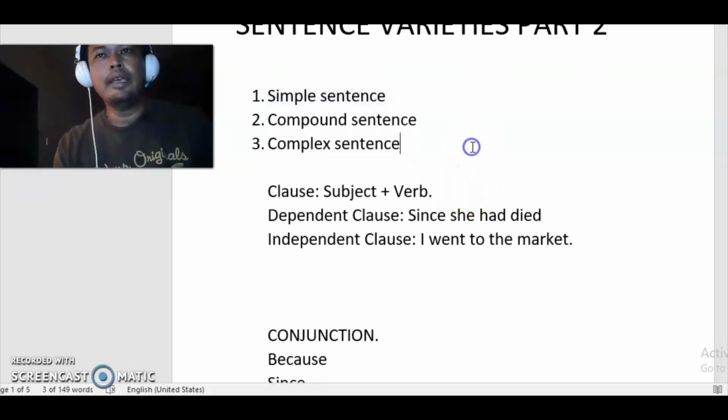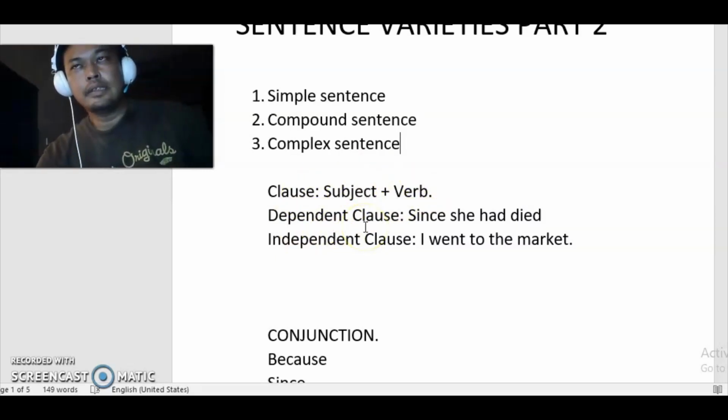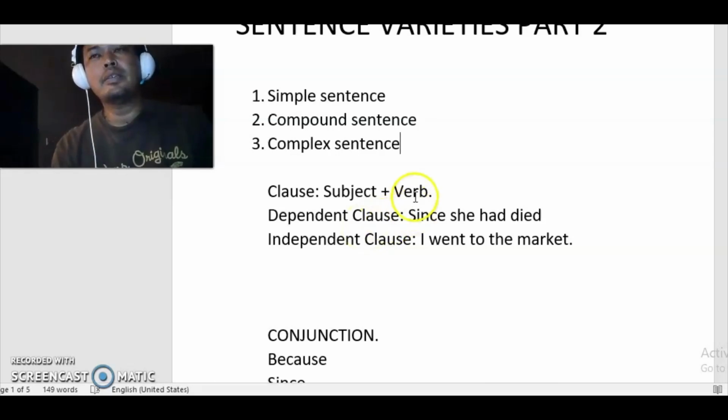Okay, now again, I'm going to repeat. A clause is supposed to have a subject and a verb. So, if two sentences are combined, each is supposed to have a subject and a verb, and the combined sentence is also supposed to have a subject and a verb. There are two kinds.